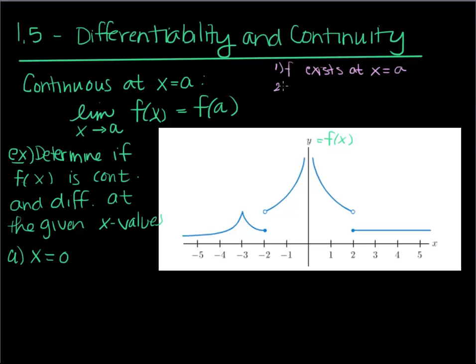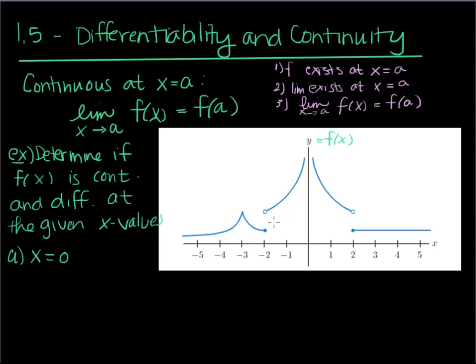The limit exists. And then the third one, which actually does all of these together, the limit equals the actual function value. All right, and you've looked at the examples, so you should feel pretty good about this.